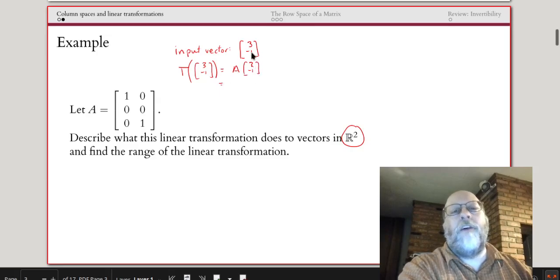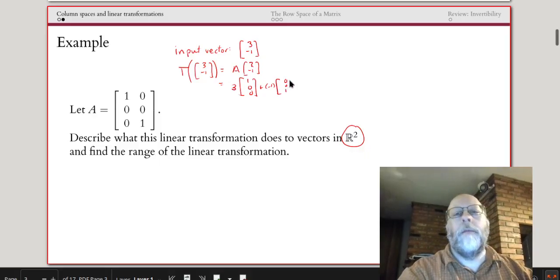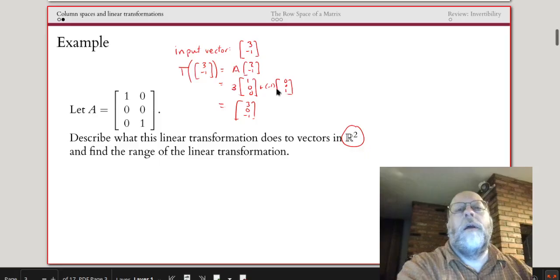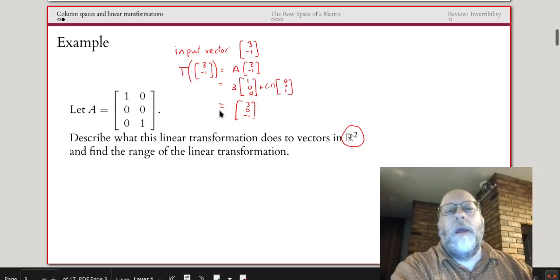And this is the linear combination where we use 3 and -1 as weights for these columns. So 3 times 1, 0, 0, plus -1 times 0, 0, 1, or 3, 0, -1. And this is our output vector.